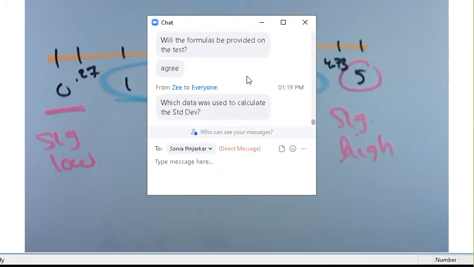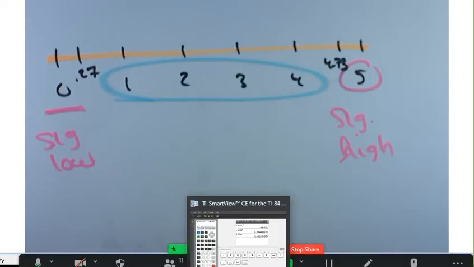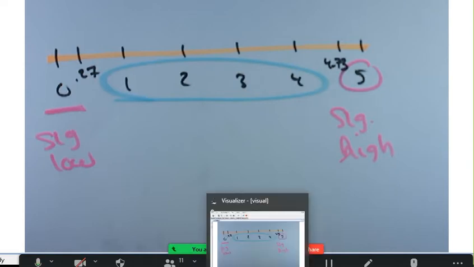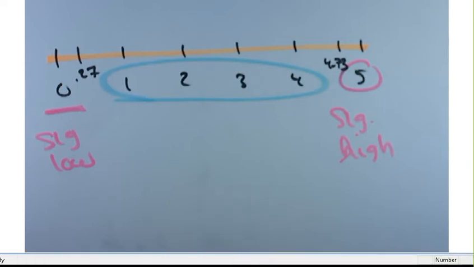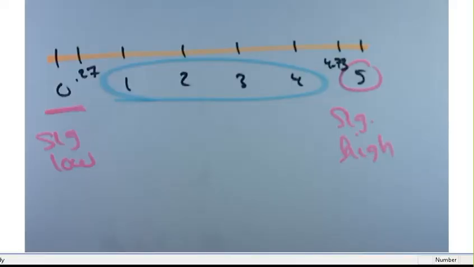Which data was used to calculate standard deviation? Problem 10. So I'm just going off of what we just calculated here. Let me go back to Google Sheets for that. That's this standard deviation, from problem 10, page 215. All right, cool.